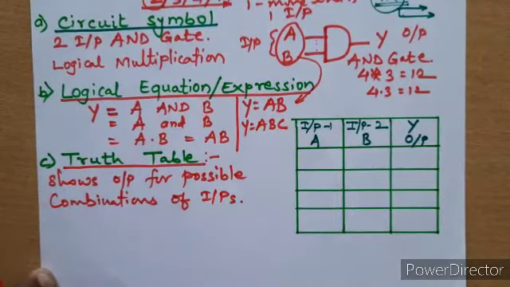If I have certain input combinations, then for that input combination what should be my output depending on the logic. Here we are discussing this AND logic gate.